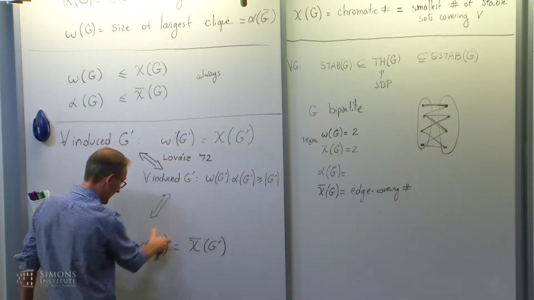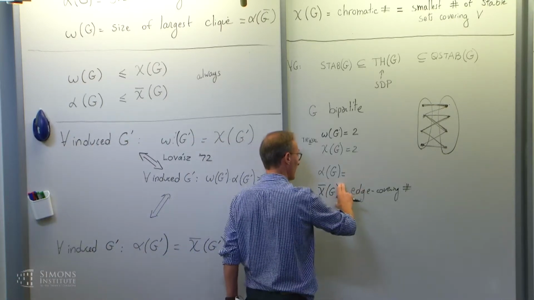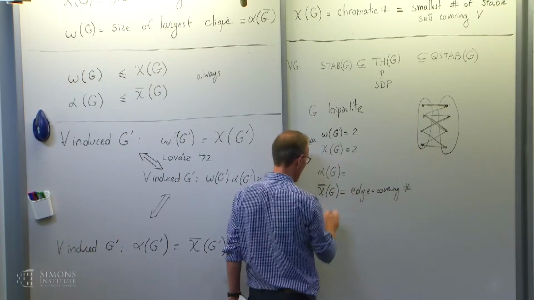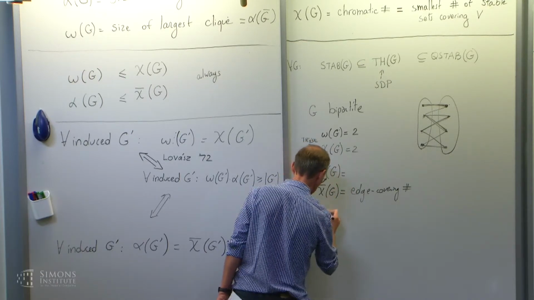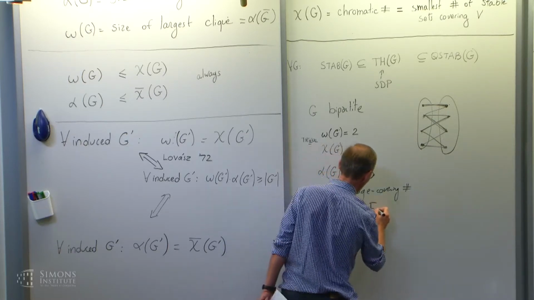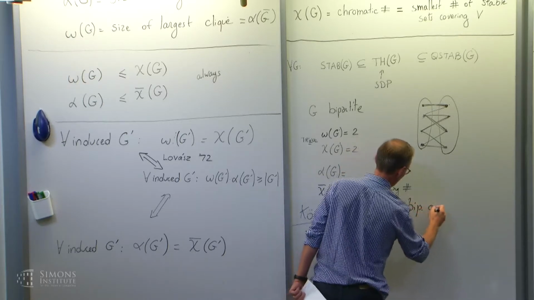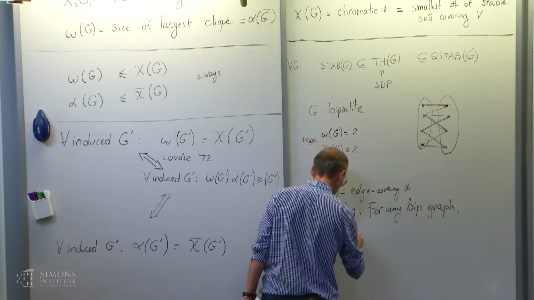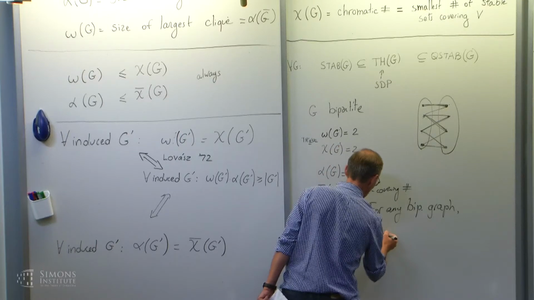So this would imply that the edge covering number of a bipartite graph is always equal to its stability number, and this is known as Koenig's theorem. For any bipartite graph, the stability number is equal to the edge covering number.